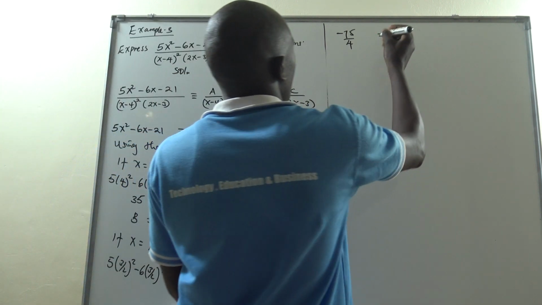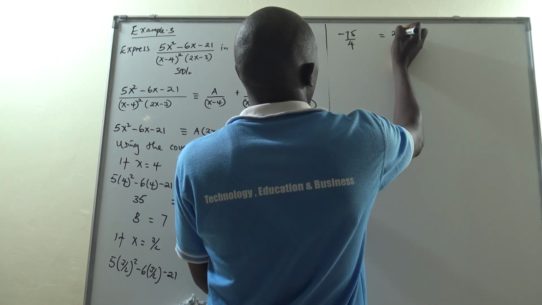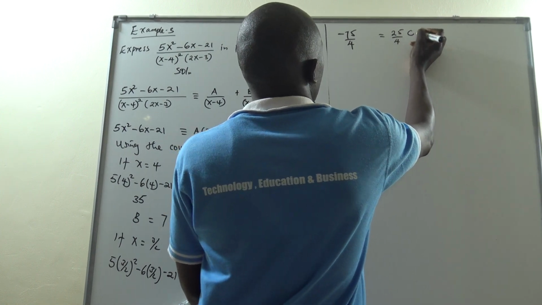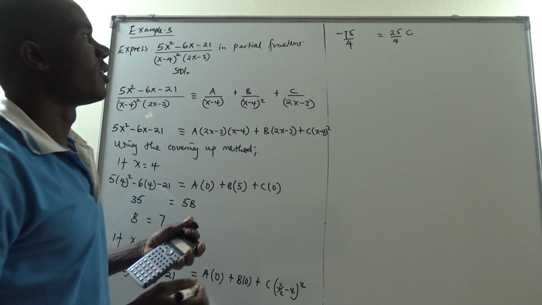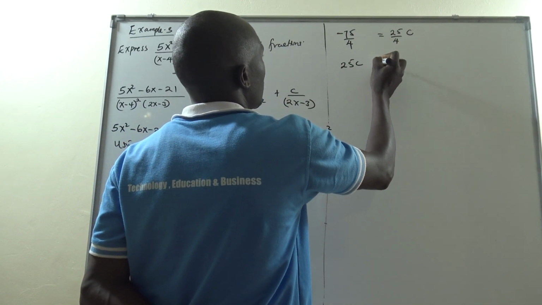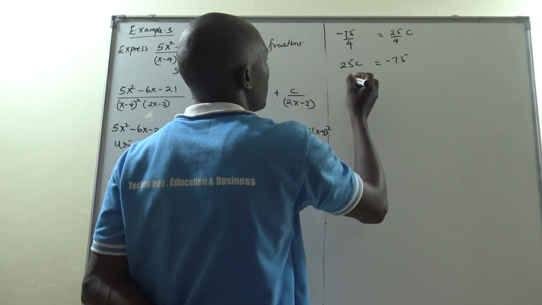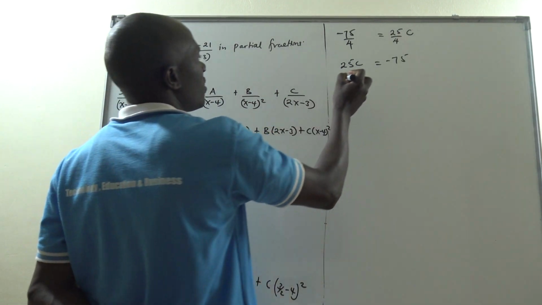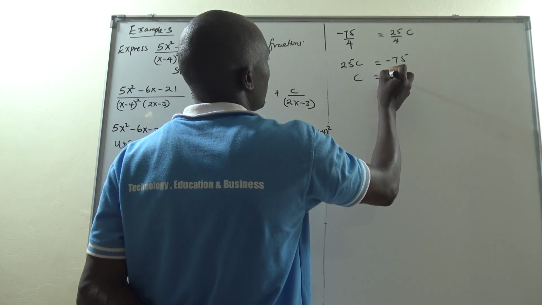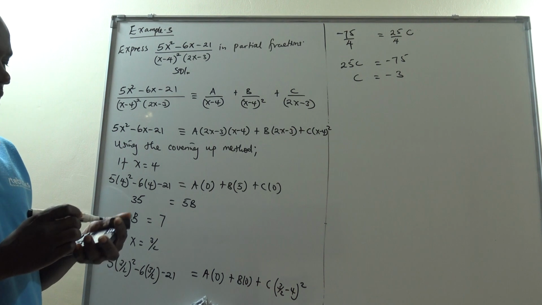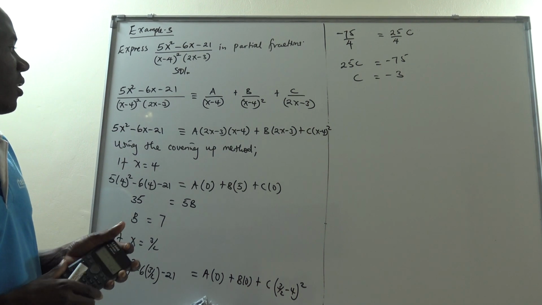When you expand, we are coming out with 25 out of 4 C. The 4 reduces, we are remaining with 25C equals negative 75. We divide out by 25. So C alone gives us negative 3. So I've got the value of C as negative 3.